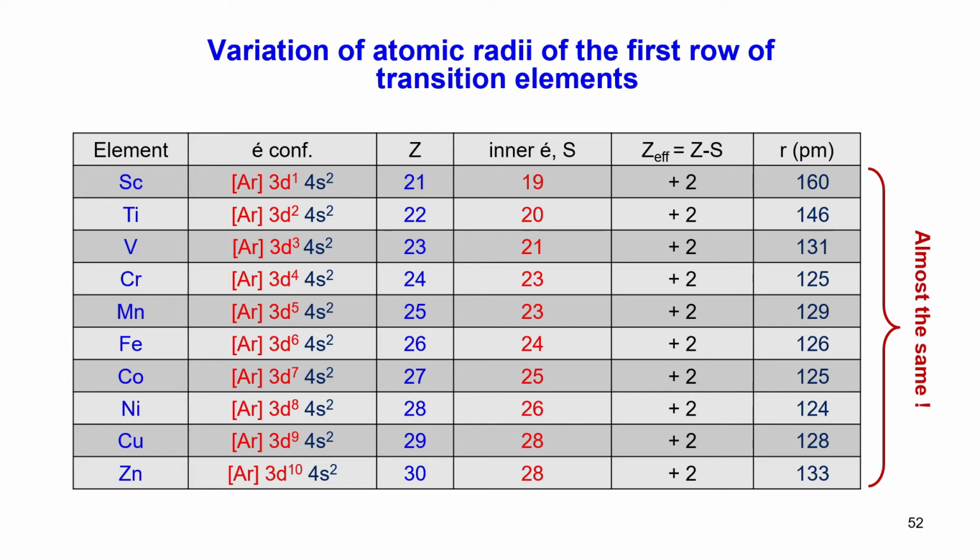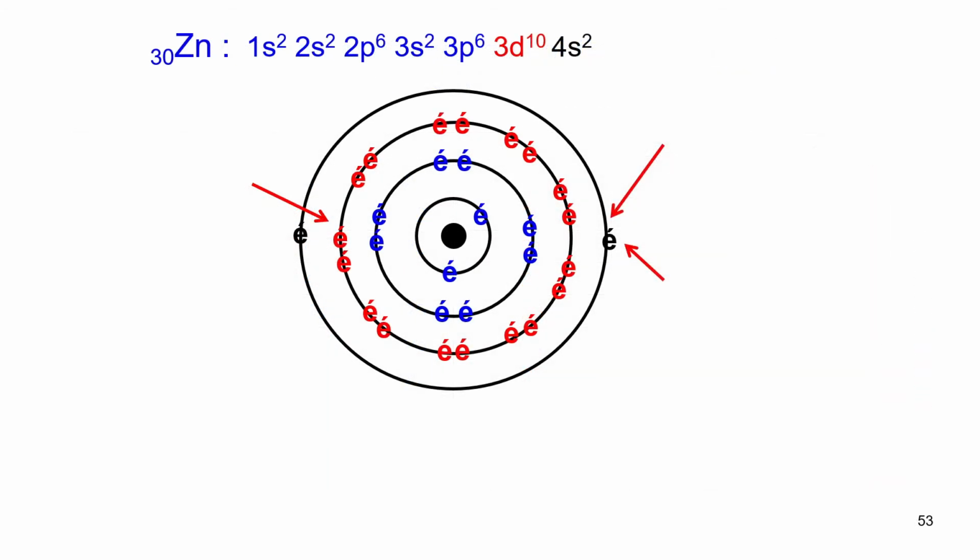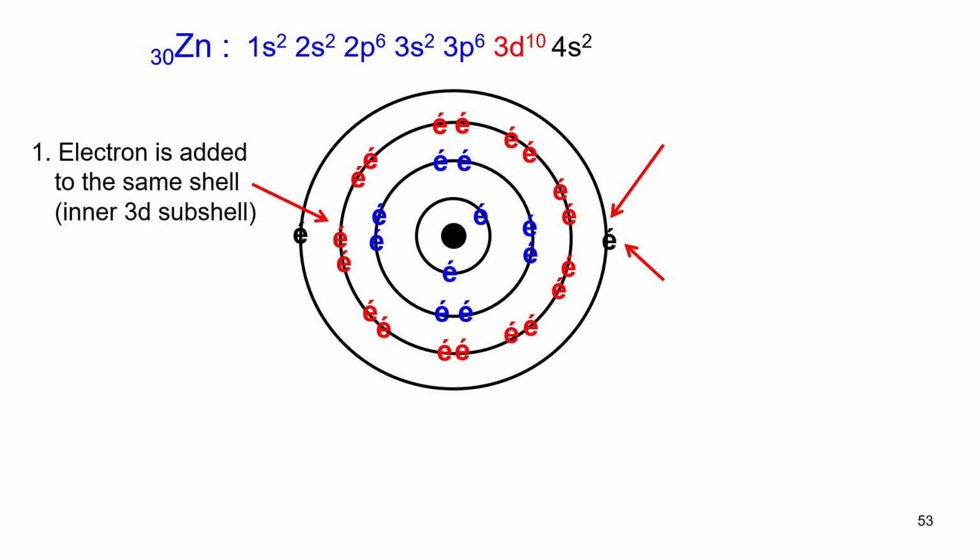We are subtracting the same number. Let us look here. 30 minus 28, 29 minus 28, 28 minus 26. Electrons in the inner shell, we look here. This is the s orbital for 4s2, and 3d10 for zinc. So electrons are added to the same shell, the inner 3d.